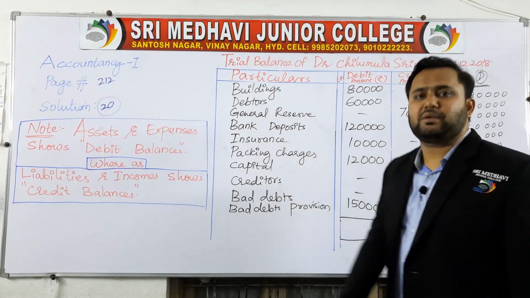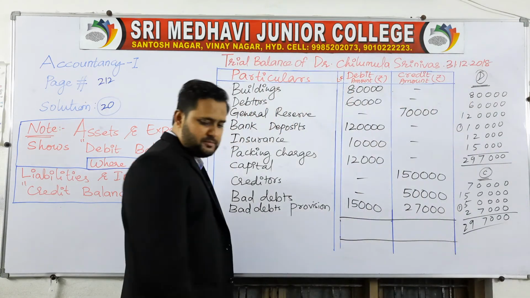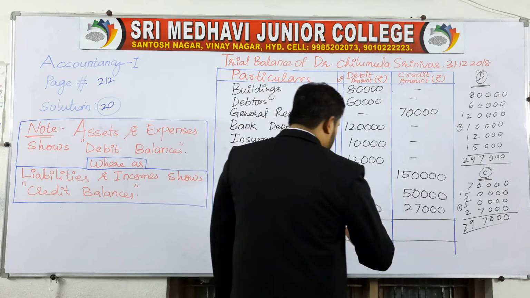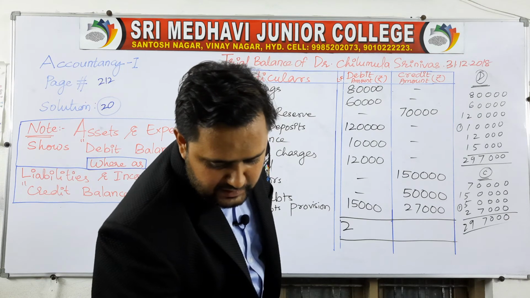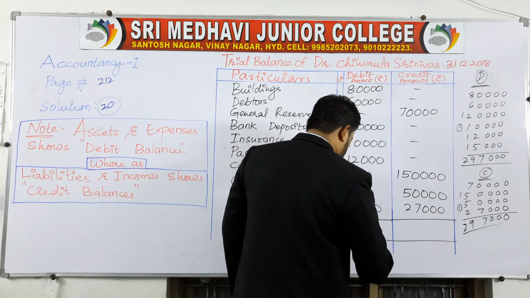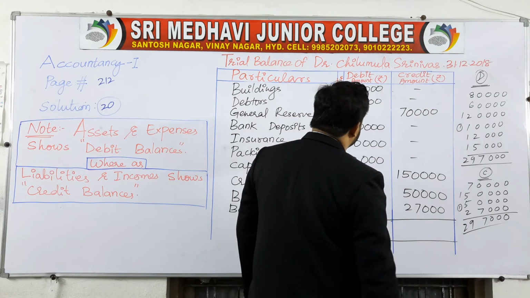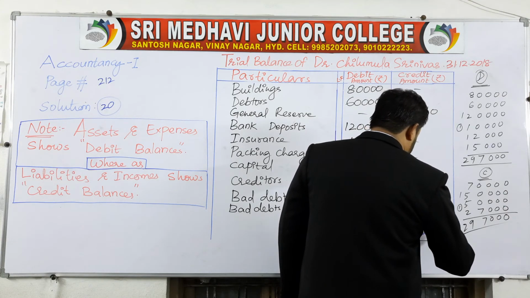Dr. Chilumula Srinivas's trial balance total is 2,97,000. So it is agreed now. How much? 2,97,000. 2,97,000 is the total of the debit side. 2,97,000 is the total of the credit side.